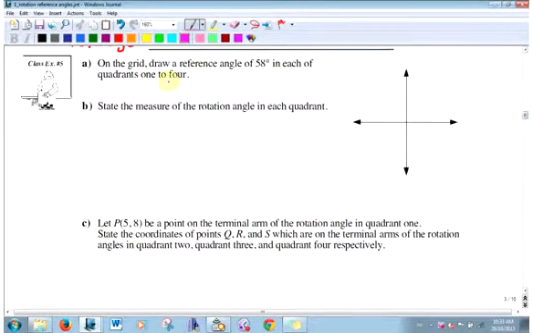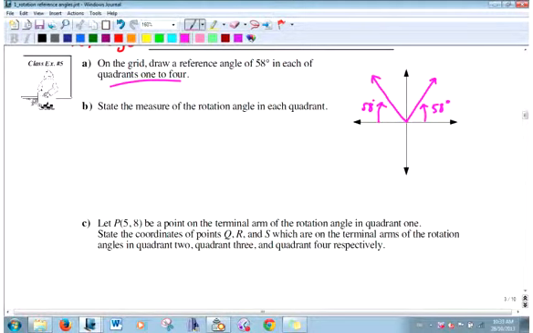On the grid, draw a reference angle of 58 degrees in all the quadrants. That means all 4 of them. Okay? So if it's in quadrant 1, there it is, 58 degrees. If it's in quadrant 2, from the x-axis, there it is, 58 degrees.